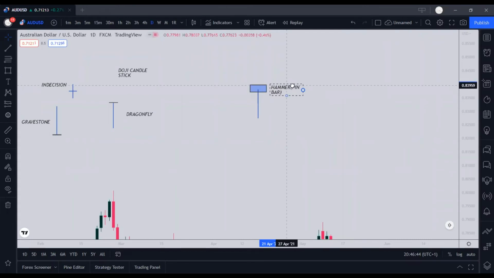So we'll call it hammer. It opens here and then it closes here. This is a bullish candle, please. Okay, this is a bullish candle, so it means it closed above the opening.